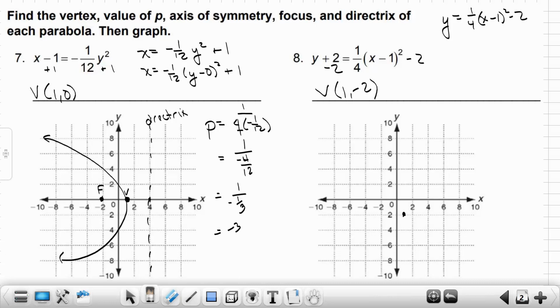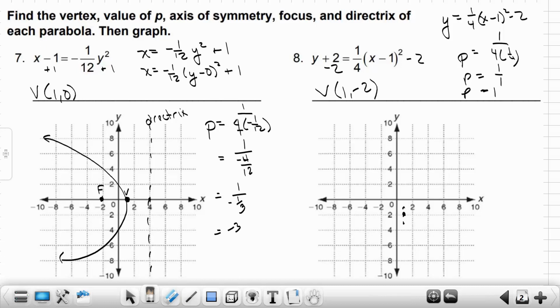Inside that parentheses, we go opposite. So it's 1, -2 is our vertex. Our p-value is 1 over 4 times 1/4. 4 times a 4th is 1. So our p-value is simply 1. So I go 1 above and 1 below.